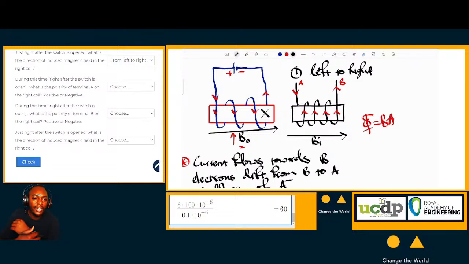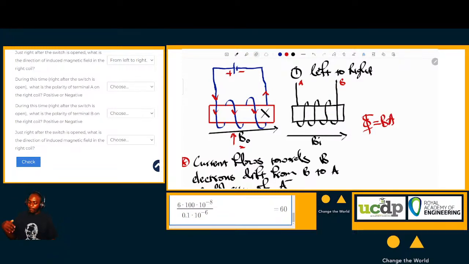During this time, right after the switch is open, what is the polarity of terminal A on the right coil? What will be the polarity of A on the right coil? Which means now we have to delete all these directions that I put.